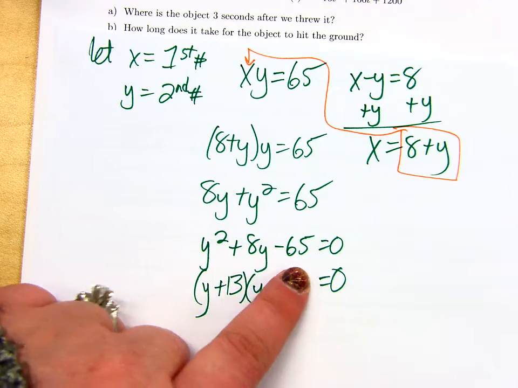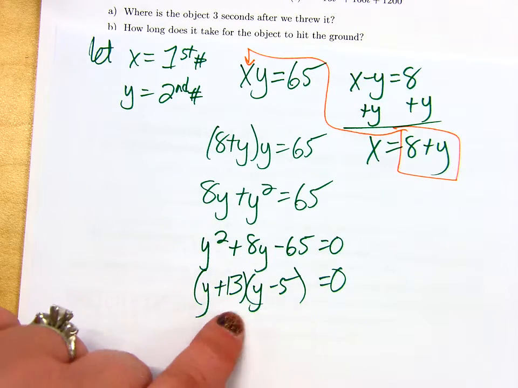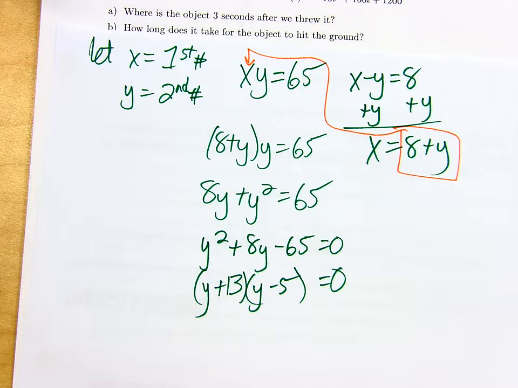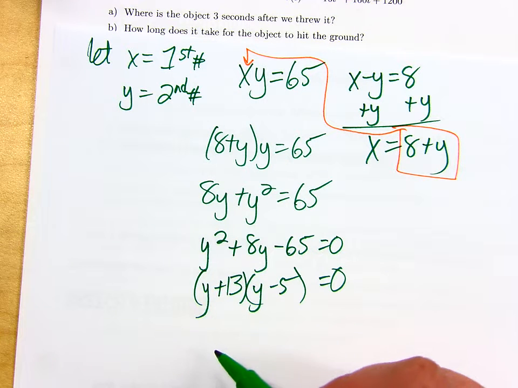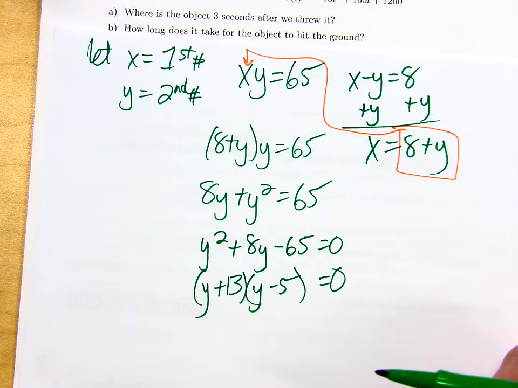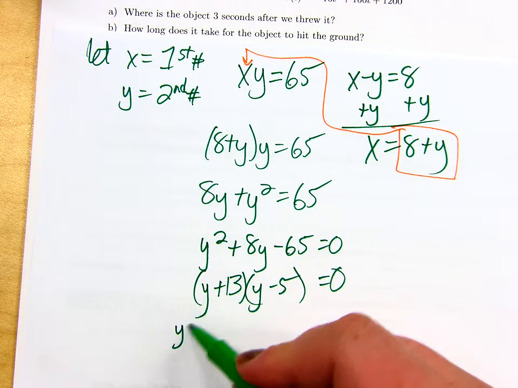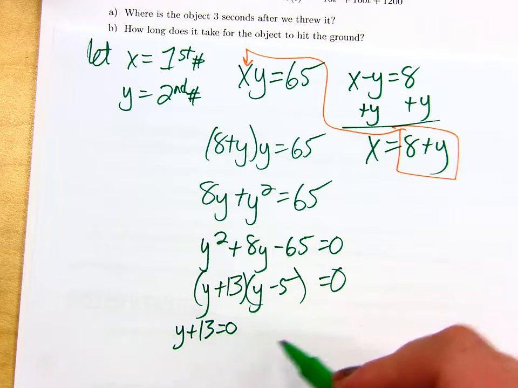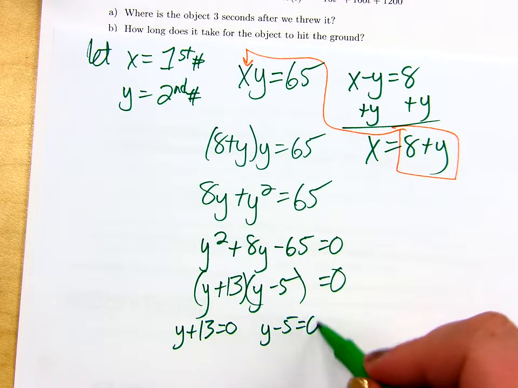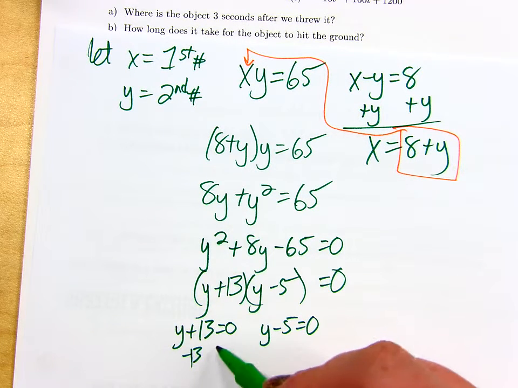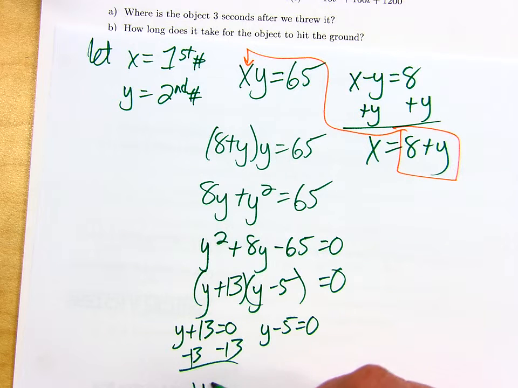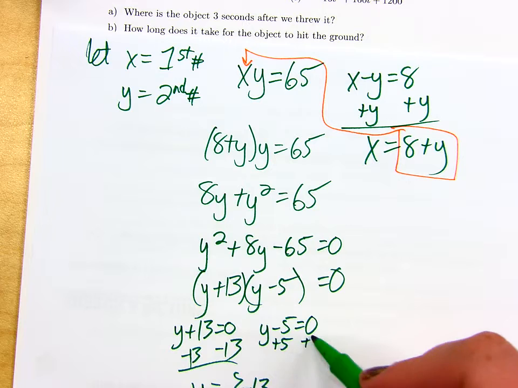Factors of negative 65 that add to be 8. Or 13 and negative 5. Yep. So you always have to rewrite it in standard form. So now I have my factors. I set each factor equal to 0. So one of my answers will be negative 13, right? Because I'm going to subtract 13 from both sides. The other one will be a positive 5.